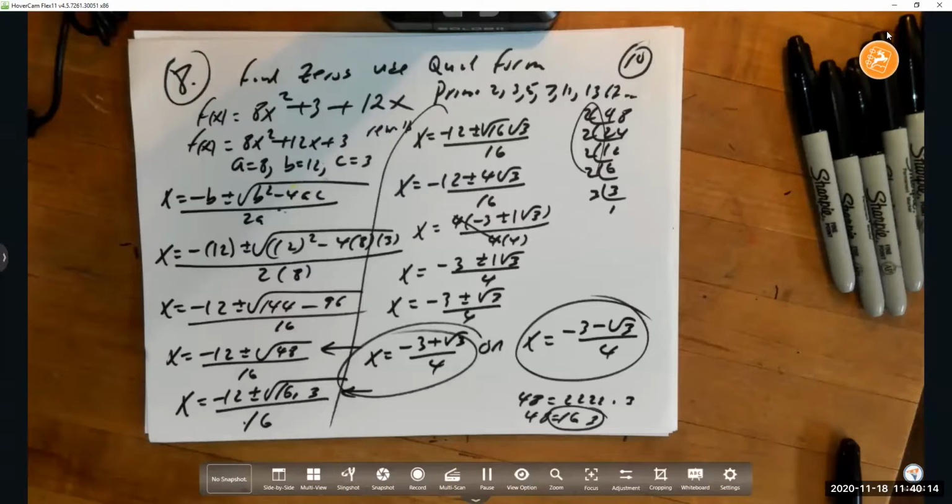This one actually is number... What's the number? That's number 8. What number is this?